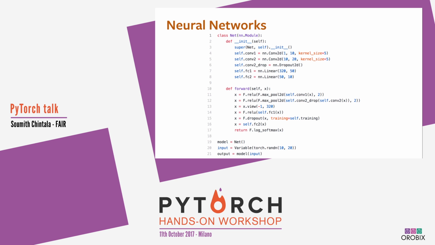In the constructor of the class, you can define all of the layers that you would typically use in neural networks. For example, I define a convolution layer here, and a linear layer here, and so on. These layers not only define what operation you're doing, but they also contain the learnable parameters of that particular layer.